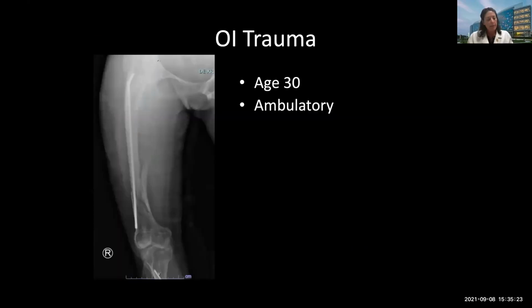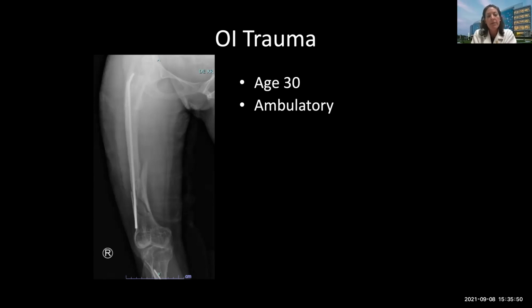And then the last topic I'll touch on, so we have time for the cases, is trauma or fractures in the setting of OI in the slightly older patients, and challenges that certainly may be faced at a center that's used to doing trauma with unaffected folks with typical sized bones.